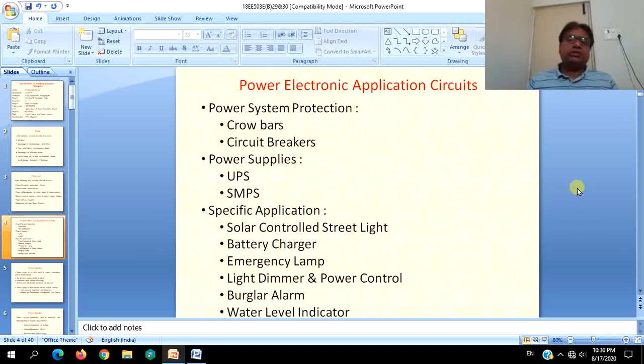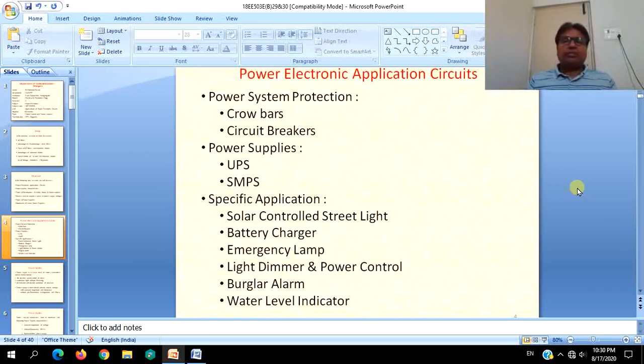And to proceed, first we will go through the specific applications of power electronic application circuits. To categorize the application circuits of power electronics, they are not dependent on anything specific, the loads are. To be operated in a particular fashion to suit the load requirements, we can design any power electronic circuit.